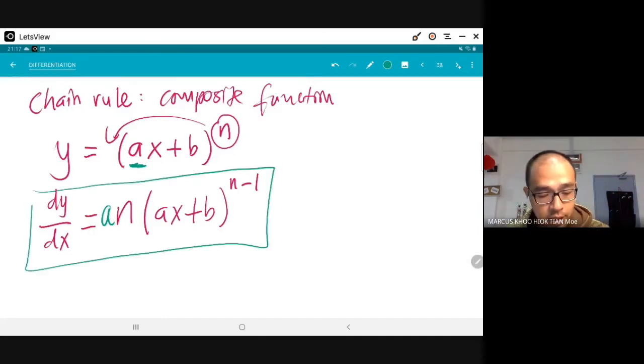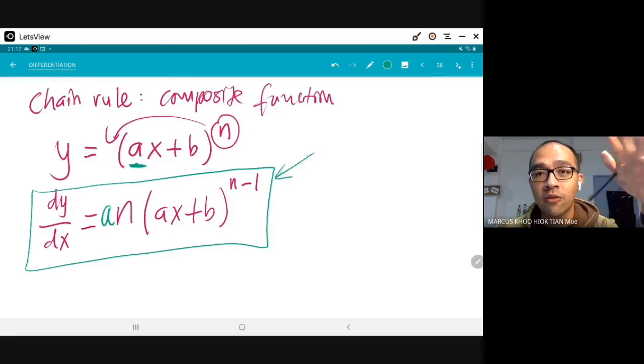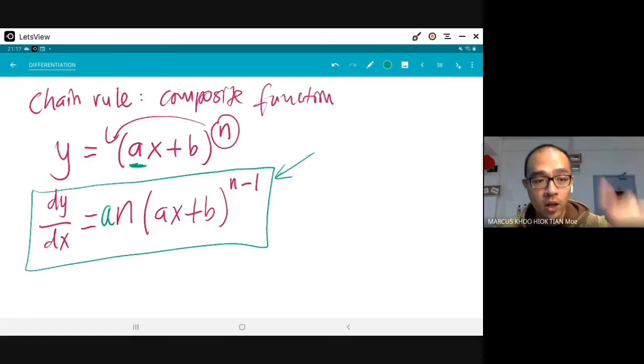Now, I need to mention, for all this dy/dx, there is no formula in your formula book that you can use as a guide. You have to know this method, which we call the chain rule.